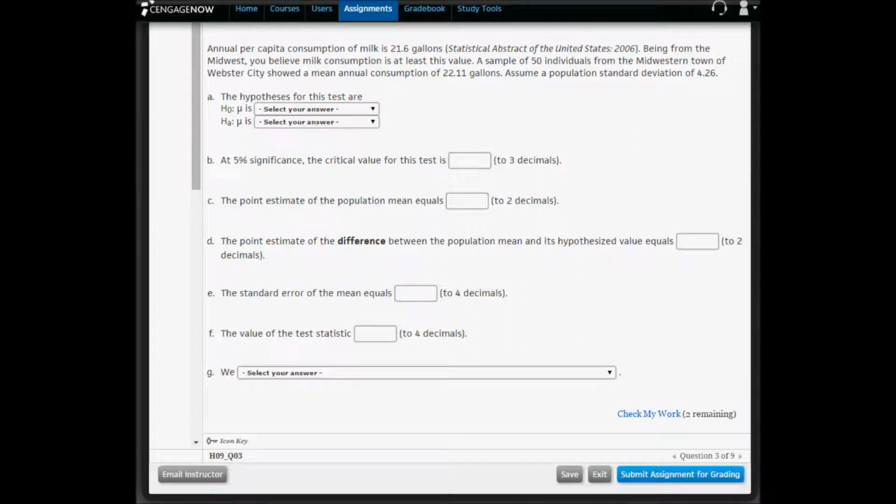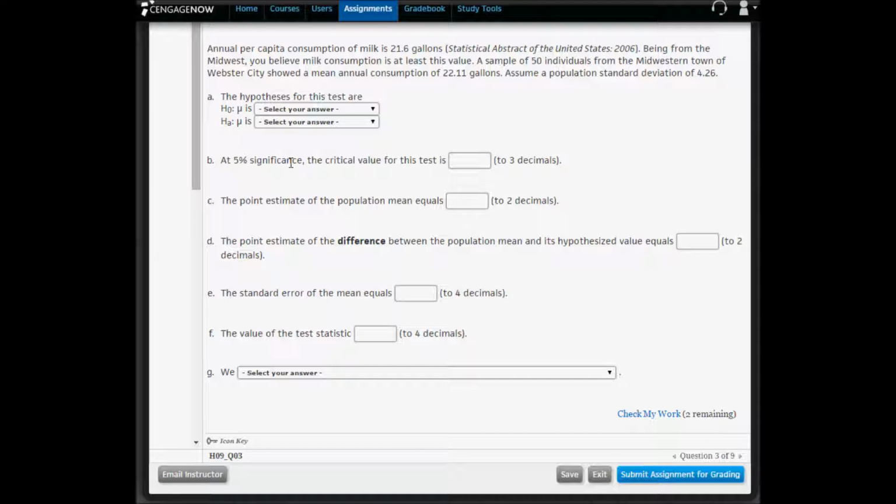In problem 3 of homework 9, we're going to conduct a lower tail test involving a population mean. In this problem, the average American drinks 21.6 gallons of milk per year. You are assumed to be from the Midwest, and you believe milk consumption is at least this value.